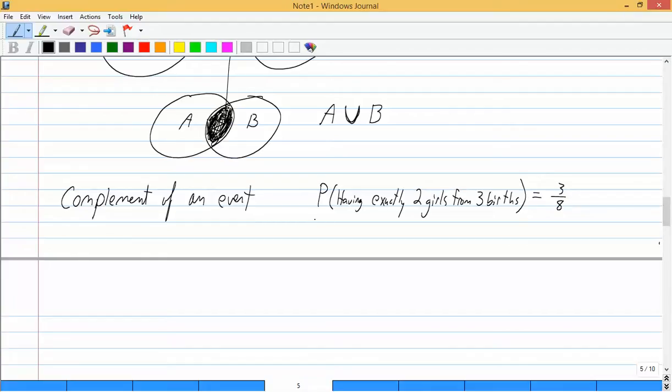Well, the complement of that would be the probability of not having exactly 2 girls from 3 births.